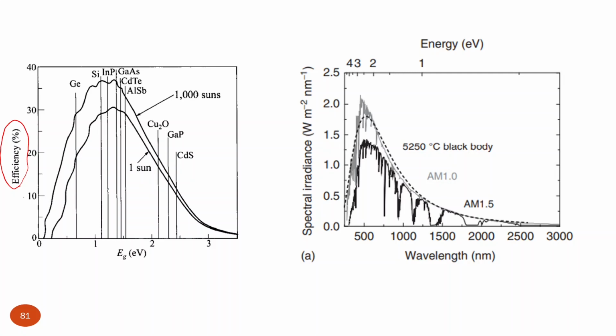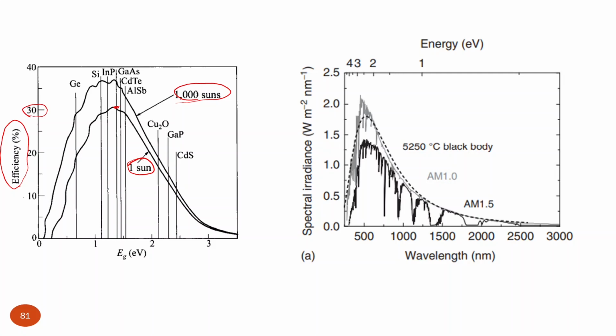So based on this detailed balance and only radiative recombination, we consider one sun, because it could be done for higher concentrations of light, but that is a bit trickier because you need to cool down solar cells, so we consider normal condition, one sun. So you see that the maximum performance is something around 31%.